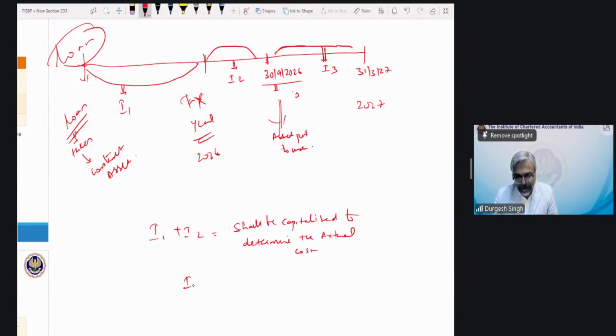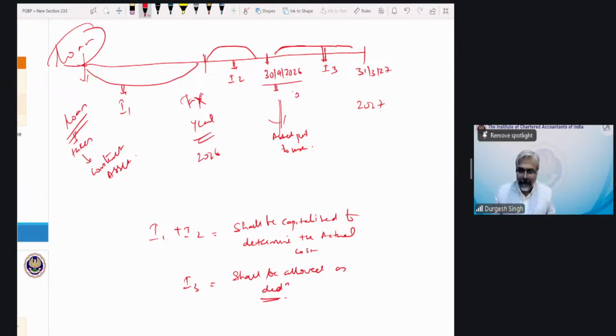And how about I3, students? After the asset is put to use, can it be a part of your cost? No, it is already a part of the block now. And once the asset enters into the block at a particular value, you just can't do anything. So I3 in this case shall be allowed as deduction.